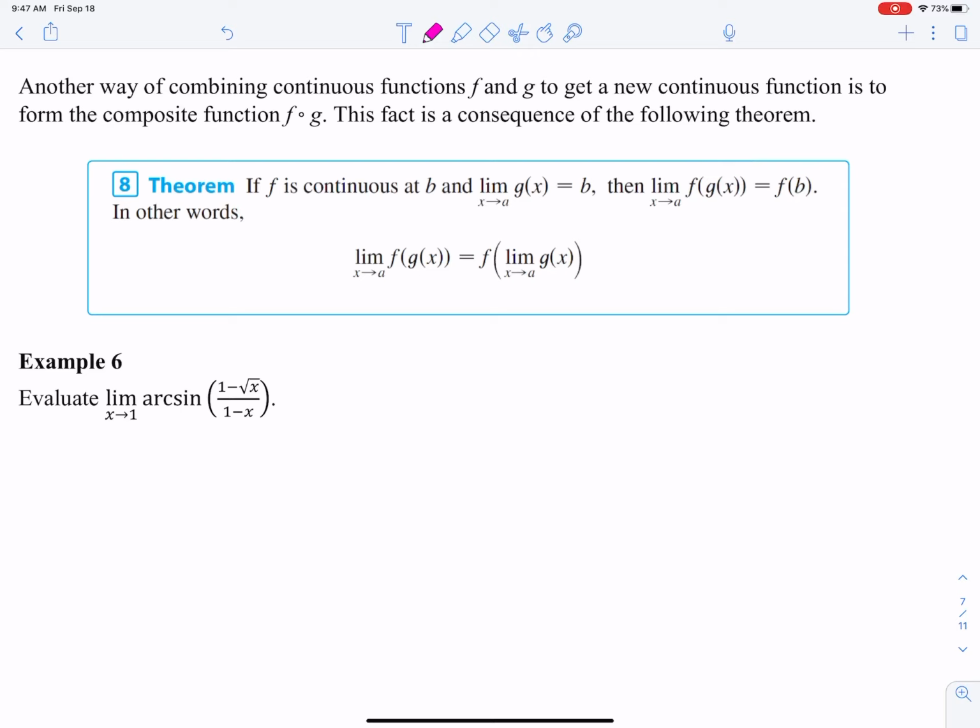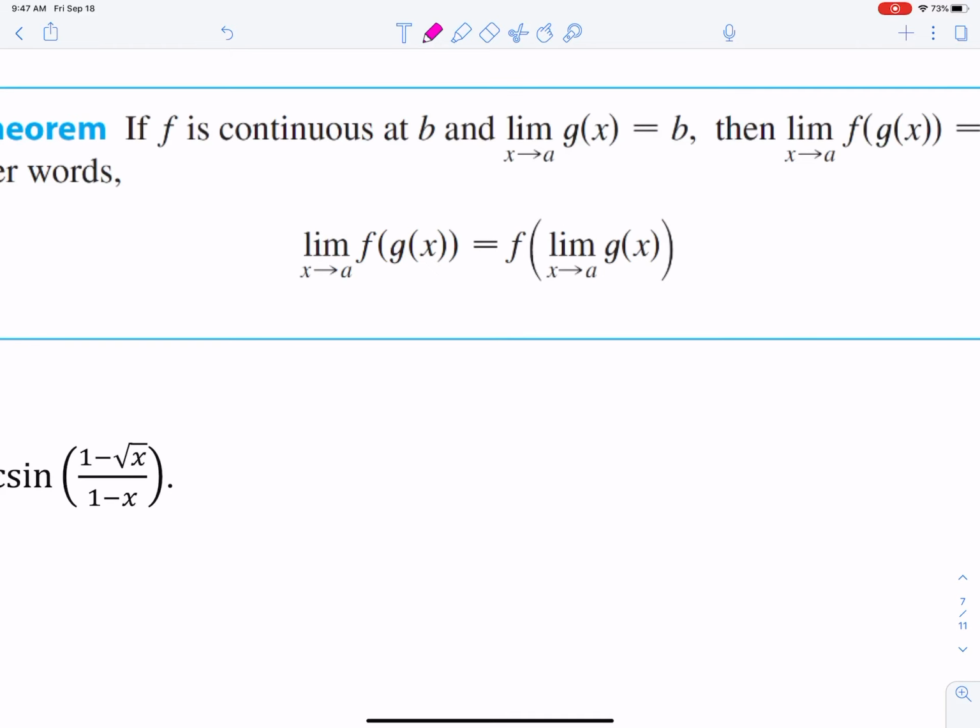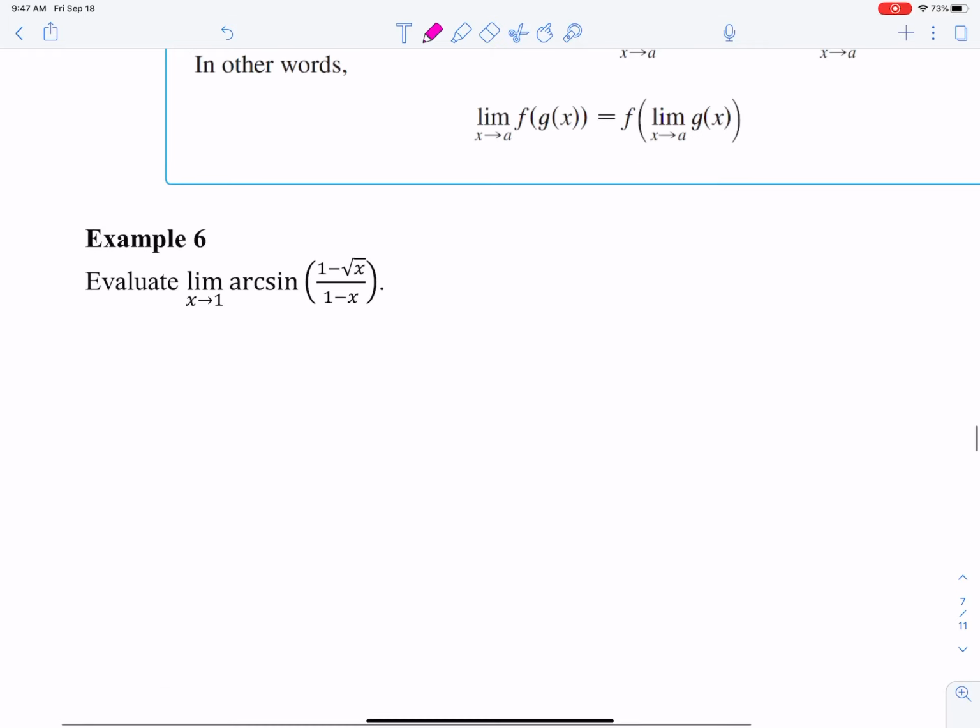In other words, the limit as x approaches a of f of g of x equals f of the limit as x approaches a of g of x. Just another shortcut again.